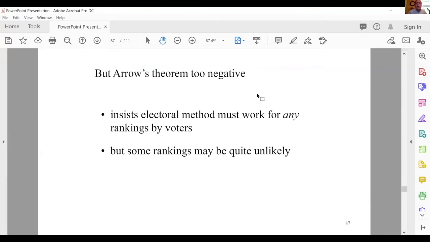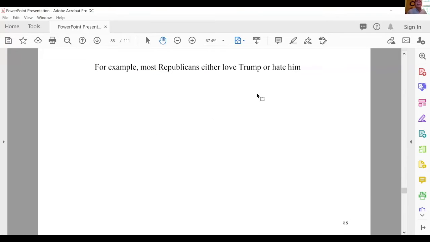In reality, some rankings might be quite unlikely. For example, coming back to Trump, I think it's accurate to say that most Republicans either love Trump or they hate him. And they would either rank him first or last.